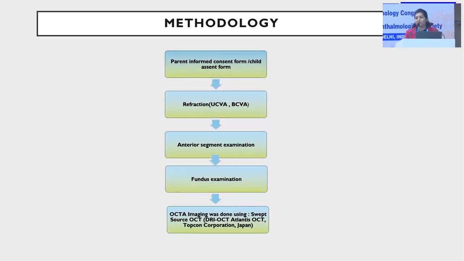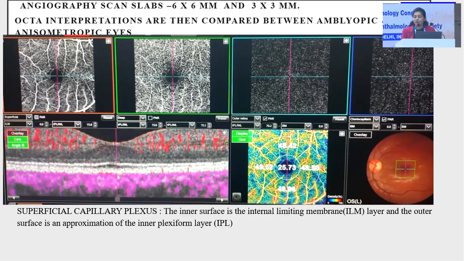We included a total of 62 children, 31 in each group, and after consent from the parents and children over 7 years of age, we did the cycloplegic refraction. Then we assessed both anterior segment and posterior segment. Then we did OCT and OCTA. We obtained 6x6 and 3x3 slabs.